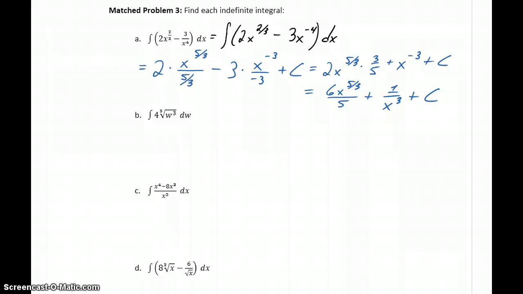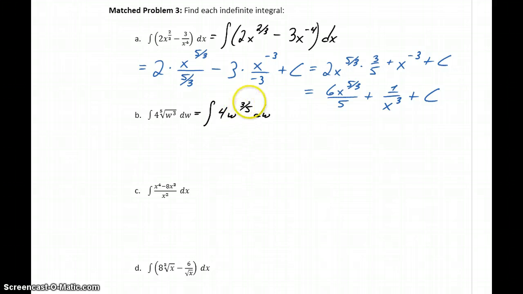In part B, we have the integral of 4 times the 5th root of w cubed. So here we could rewrite this as the integral of 4 times w, and then since we're taking w cubed, and then the 5th root of that, w to the 3/5 power dw, or integrate with respect to w.